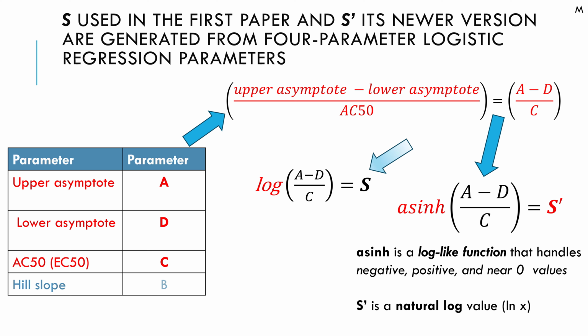One of the differences here is that we ran into a problem with the original where for example, if the curve that we were looking at here were to go up, we wouldn't get a good value, or if the curve was relatively flat, like we weren't seeing a strong effect, we had these illogical values. It couldn't handle the negatives and the near zero values well. This new function does.